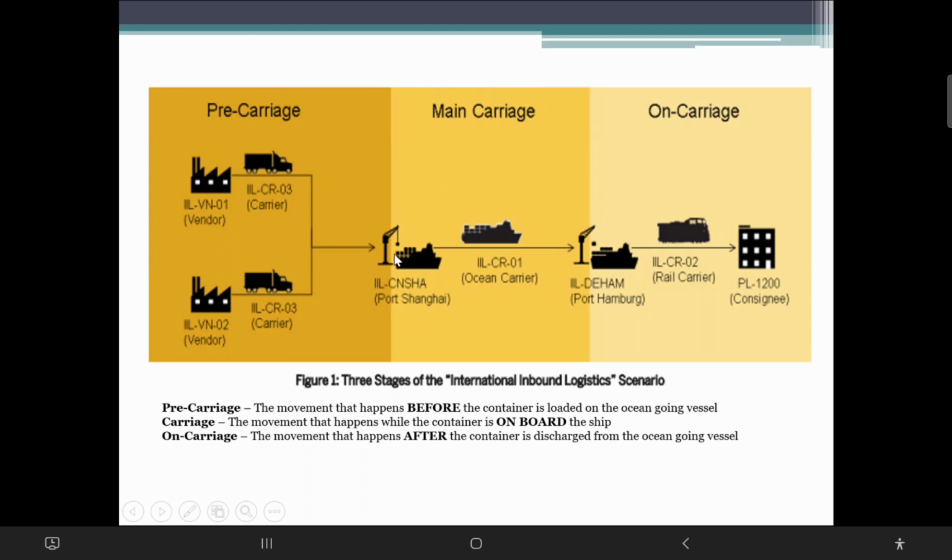Once the goods are loaded, when the sailing is happening and the goods are on board, whatever transportation takes place is called main carriage. When the goods are unloaded from the ocean going vessel, from this point until the place of the importer, whatever transportation activities take place is called on-carriage.